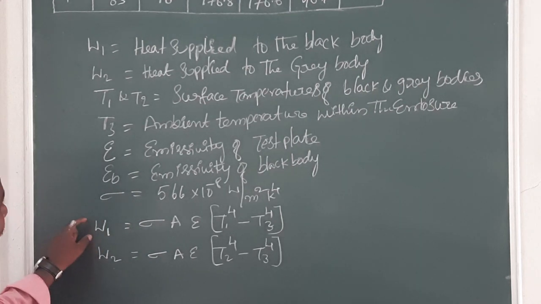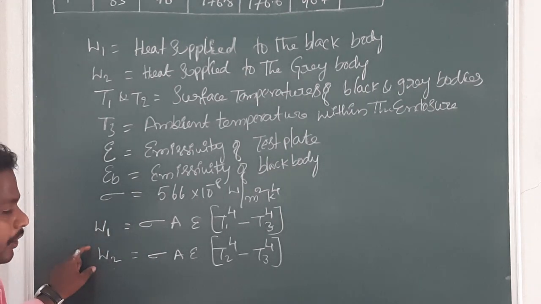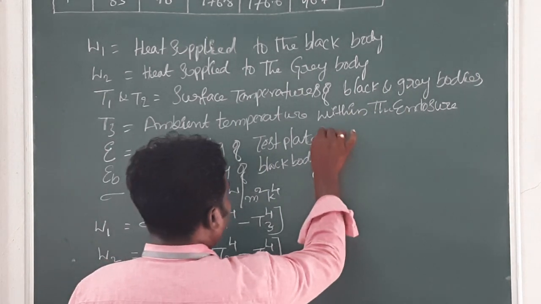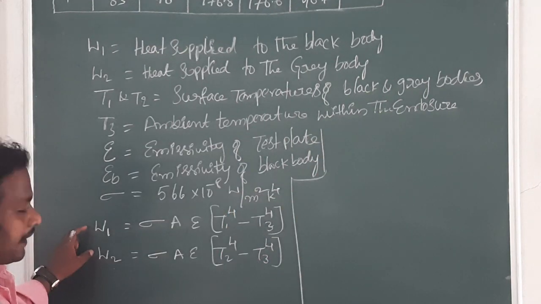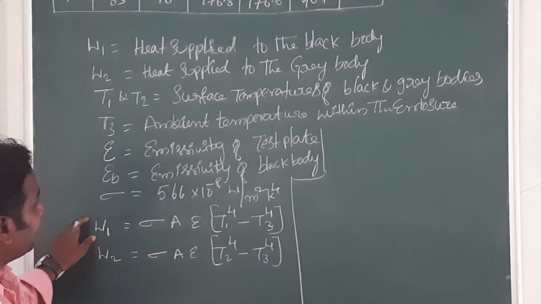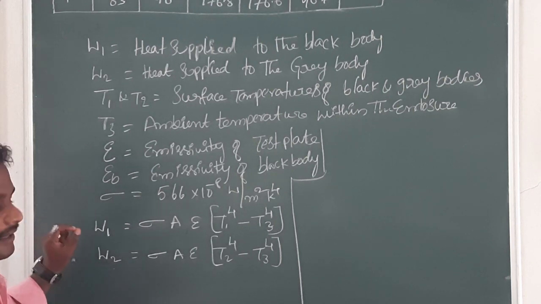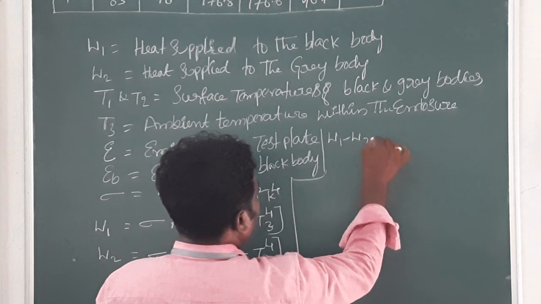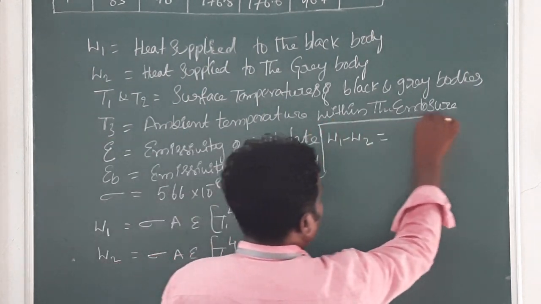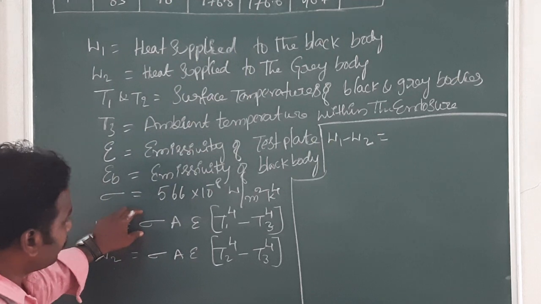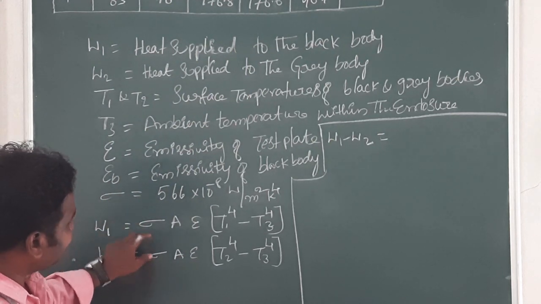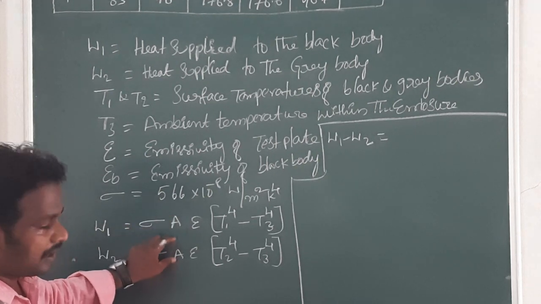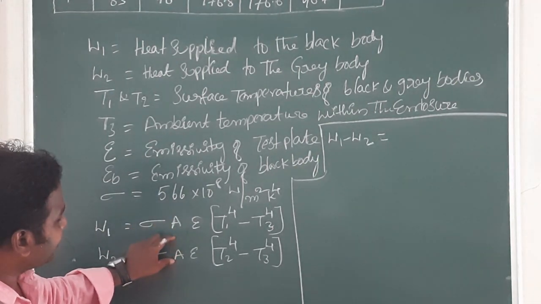Here I am subtracting the heat given to the gray body from the heat given to the black body. Sigma is the constant and it is the same for the two equations, and area is the constant for both conditions because the diameter of both bodies is the same.